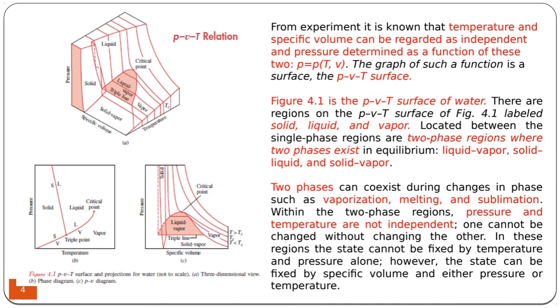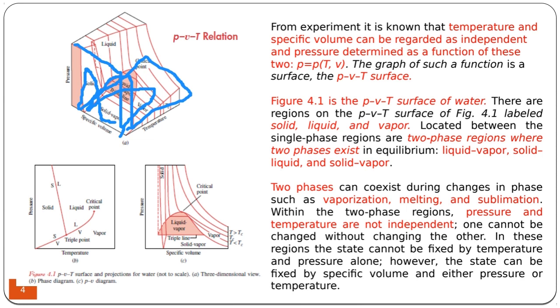So if you take the projection of this three-dimensional graph onto this plane, for instance, the projection of it is going to be something like that. Or if you take the projection of this three-dimensional graph at the bottom plane, it's going to be something like this. So these are more practical than using all the three-dimensional graphs.